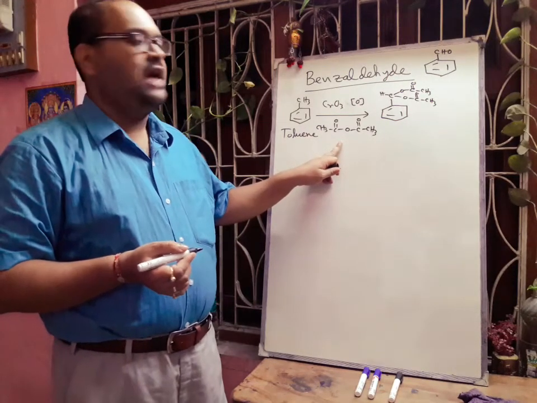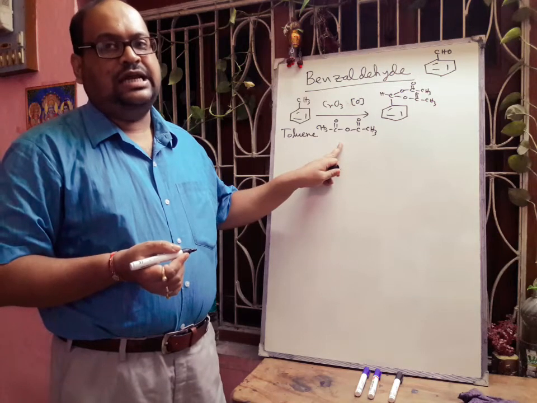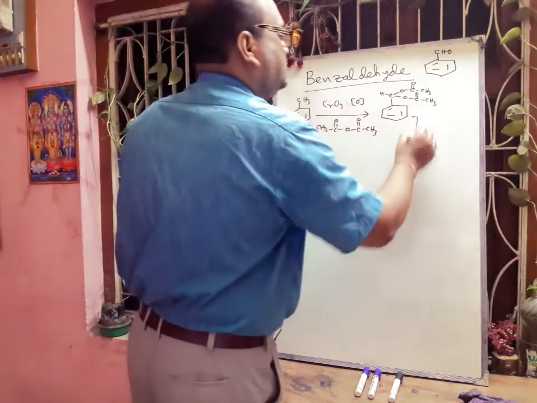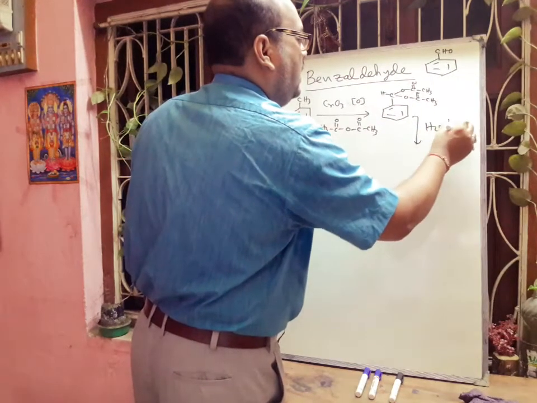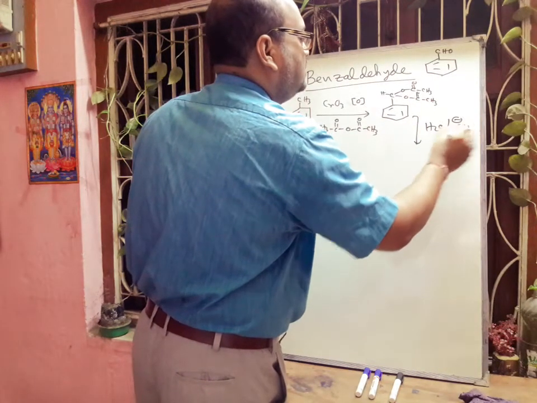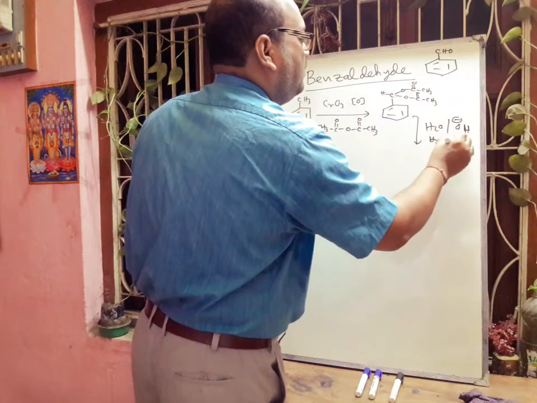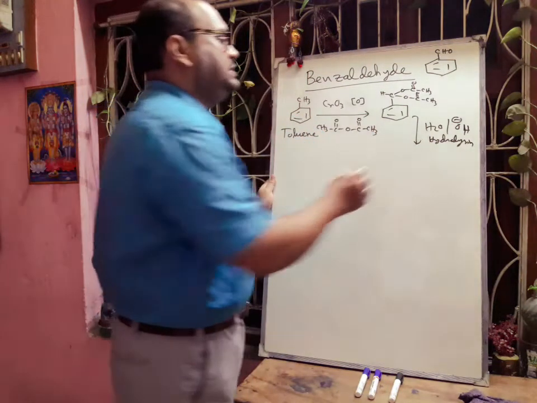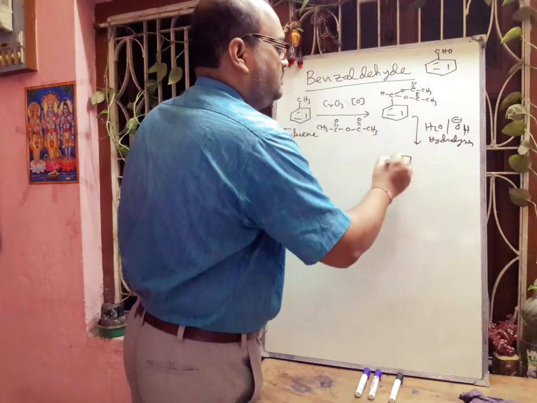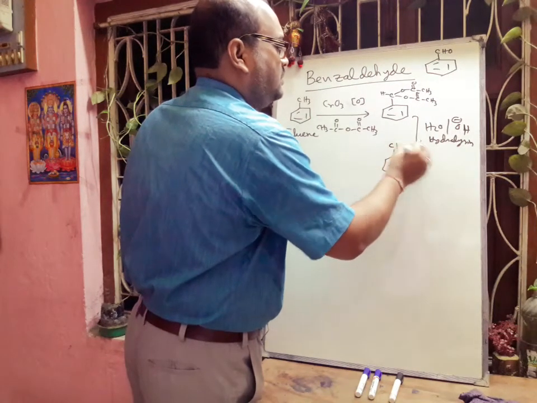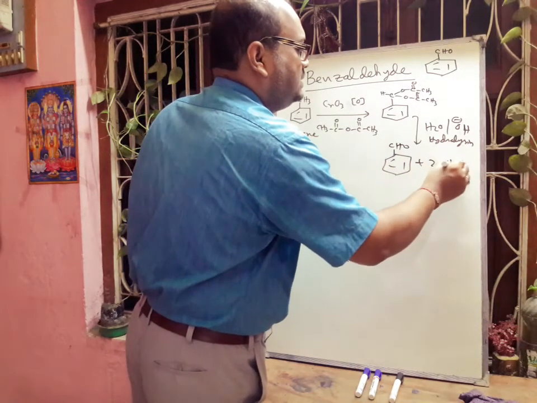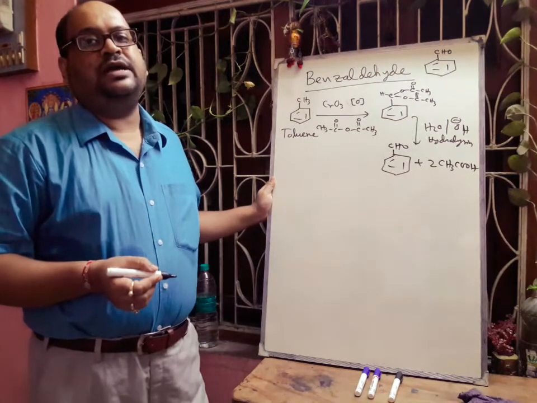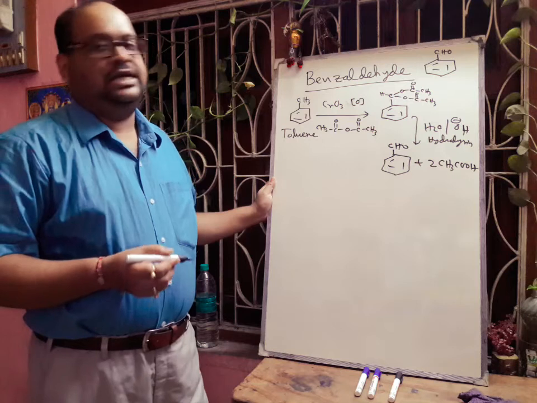Next, if we add OH minus and water, that means alkaline hydrolysis, H2O and OH minus, we will get the formation of benzaldehyde and 2 molecules of acetic acid. In this way we can prepare benzaldehyde.